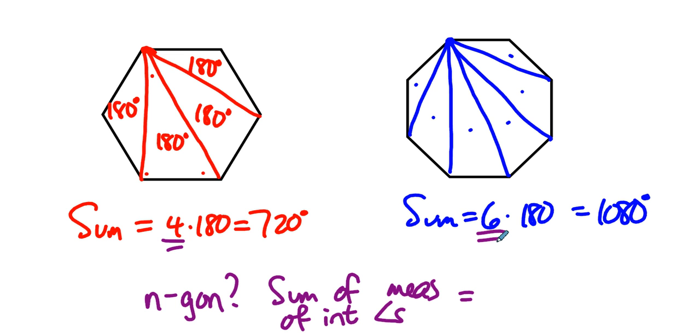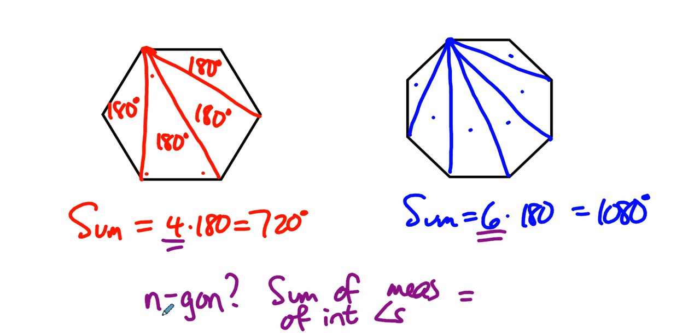Where did this 6 come from? The 4 was the number of triangles we could generate by drawing diagonals from this point right here. Well, we drew 3 diagonals, and that divided things into 4 triangles. We drew 5 diagonals in the octagon, and that created 6 triangles.